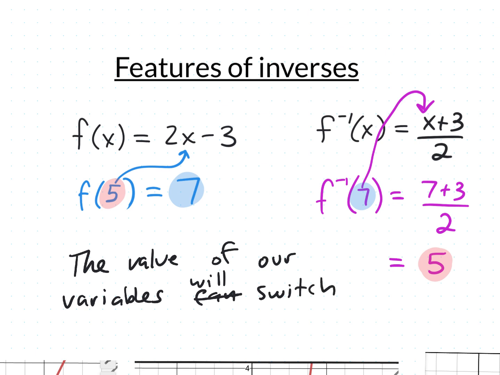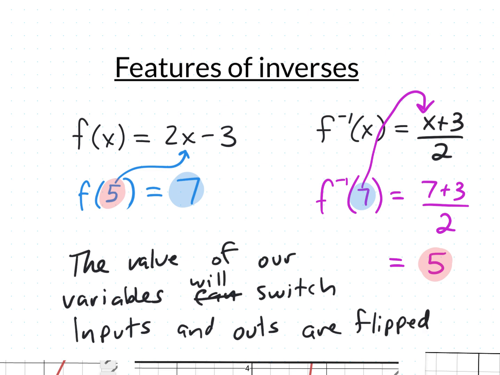Inputs and outputs are flipped, right? The input in an original function will lead to an output. If we use that output in the inverse, the output of that inverse will be the same as what we plugged in to the original function.